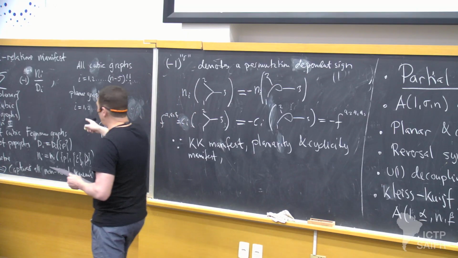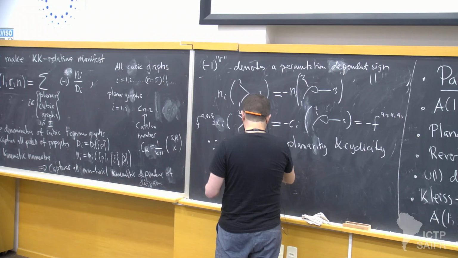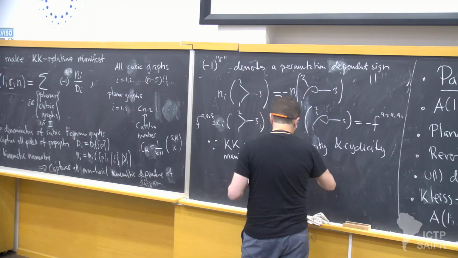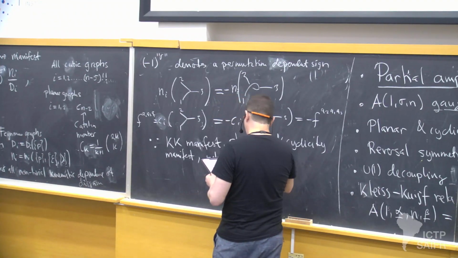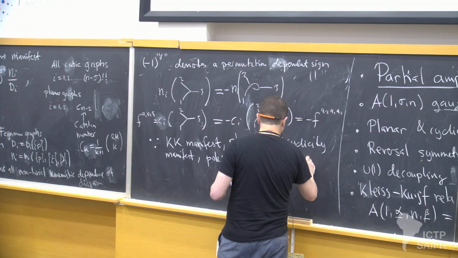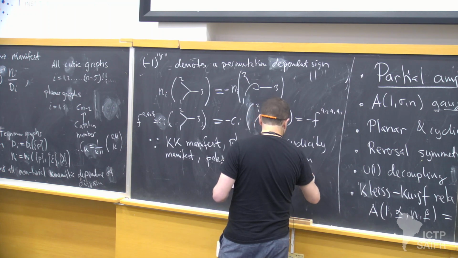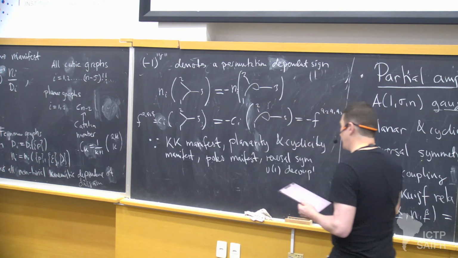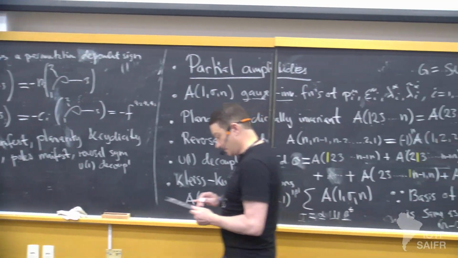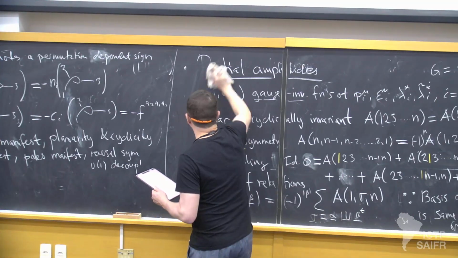And furthermore, our poles are manifest because we have introduced them here. Also reversal symmetry and U1 decoupling. Although you can think of reversal symmetry and U1 decoupling as being part of the Kleiss-Kuijf relations, they're actually not independent. Okay, so that's just a claim, and let me now show you in one example that it works out.